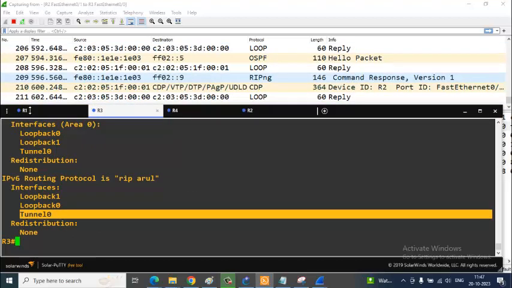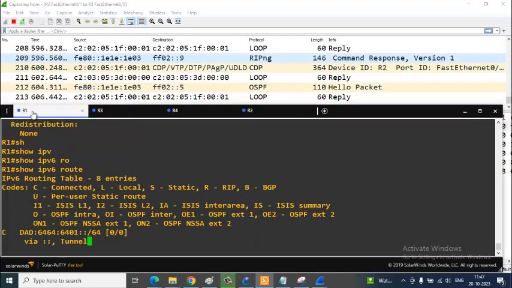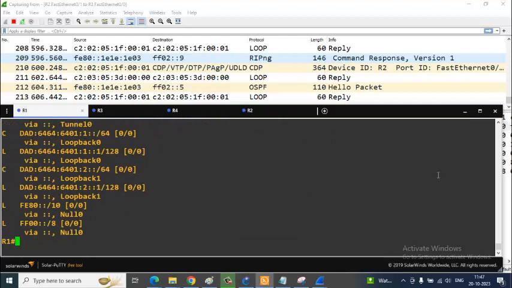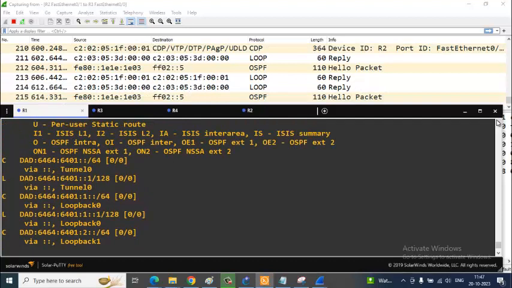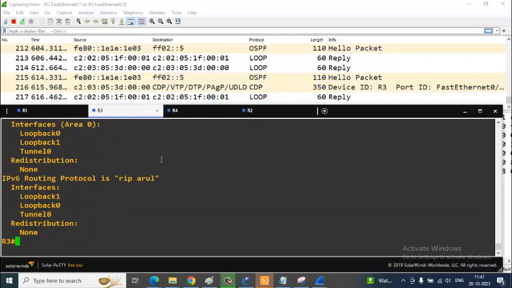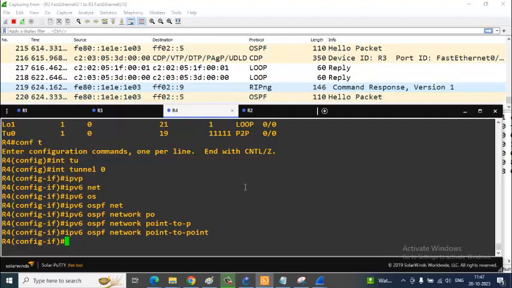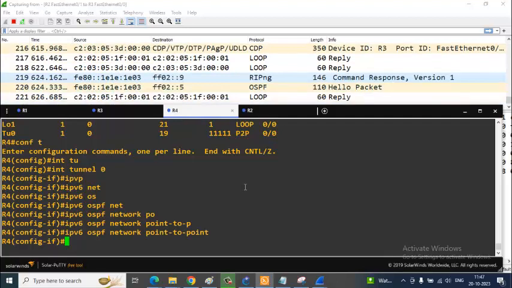Okay. Show IPv6 route. Do we see any routes via RIP or OSPF? No routes. So with the routing protocol, there is something that needs to be done.